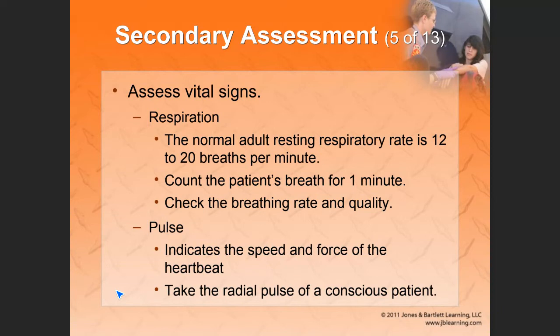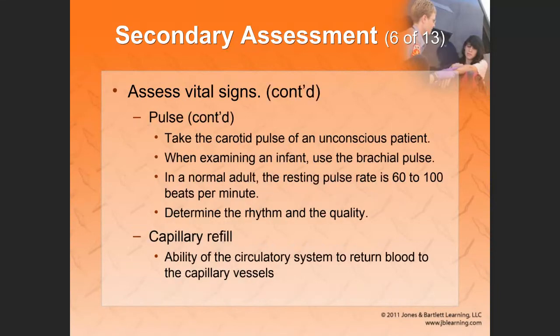For the pulse, it indicates the speed and force of the heartbeat. Take the radial pulse if a patient is conscious. Take the carotid pulse if the patient is unresponsive or unconscious. So take the carotid pulse of an unconscious patient. When examining an infant, you will use the brachial pulse. In a normal adult, the resting pulse rate is 60 to 100 beats per minute.